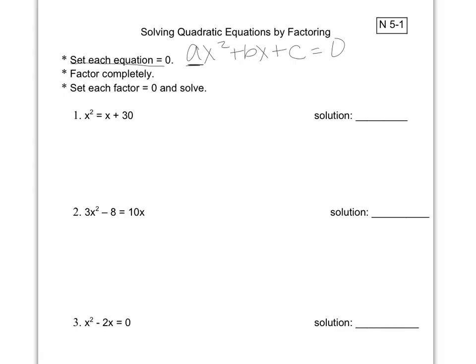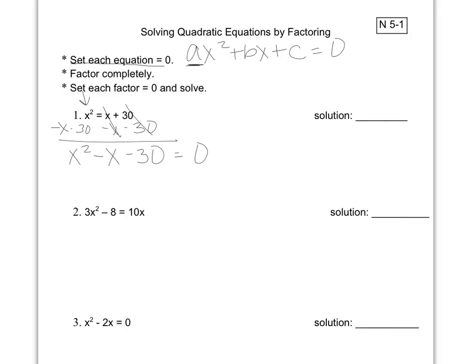So notice on number 1, x squared is positive. We want to keep it that way. So that means I'm going to subtract x and subtract 30 on both sides of the equation. So those cancel. So we have x squared minus x minus 30 now equals 0.